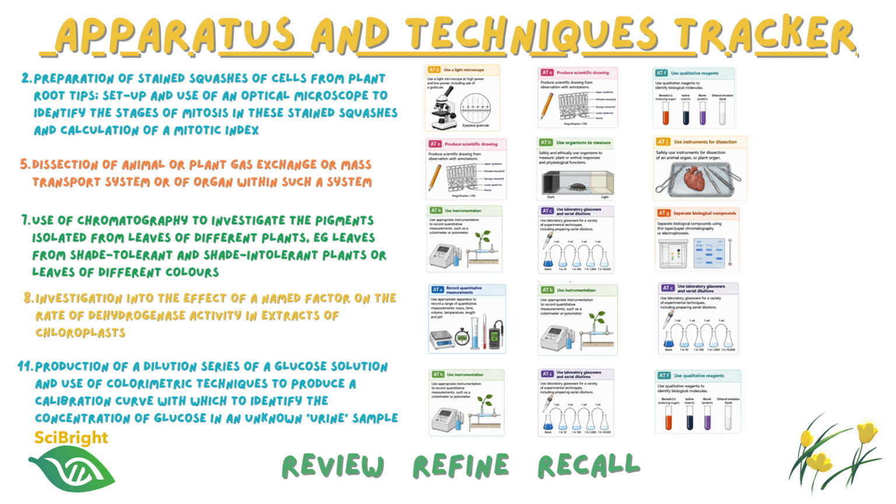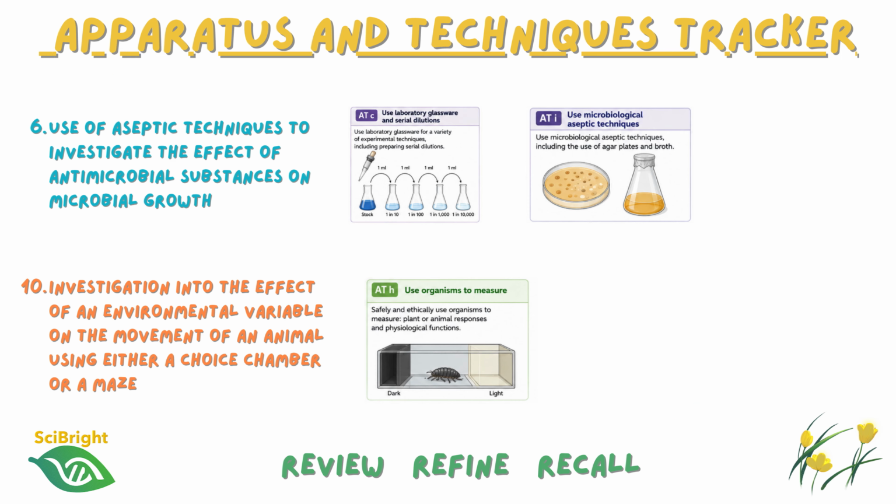The practicals that cover 3 skills, we have practical 2, root tip mitosis, practical 5, dissection of organs or organ systems, practical 7, photopigment chromatography, practical 8, rate of dehydrogenase in photosynthesis, and practical 11, our glucose calibration curve. That leaves us with practicals 6 and 10 that cover 2 skills and 1 skill respectively.